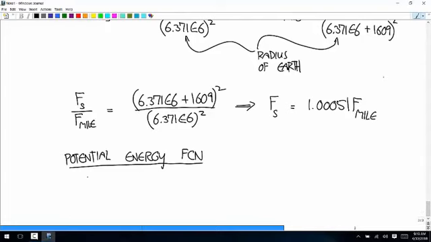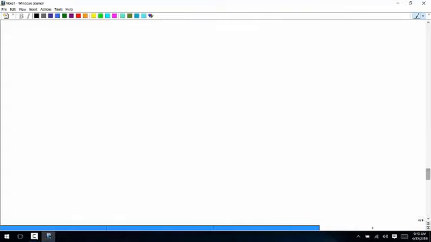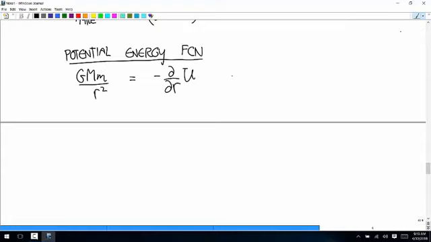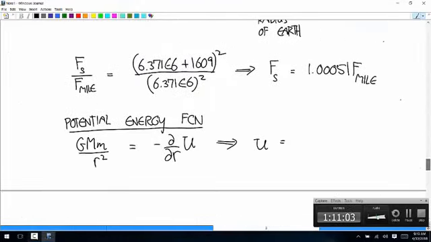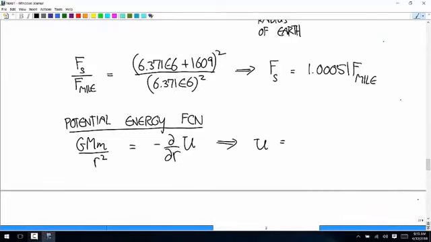And we know that the force, G big M little m over r squared, has to be equal to the negative partial derivative with respect to r of U. And so we can integrate this, and we get that the potential energy function is negative G big M little m over r.